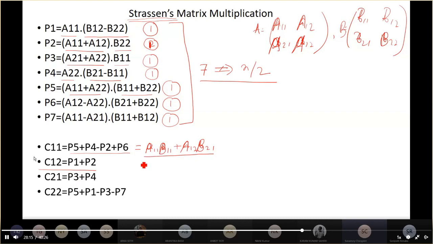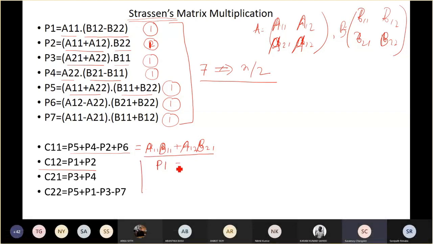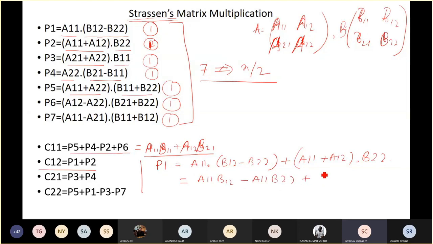So P1 equals A11 multiplied with B12 minus B22, plus P2 equals A11 plus A12 multiplied with B22. So that equals A11 B12 minus A11 B22 plus A11 B22 plus A12 B22.